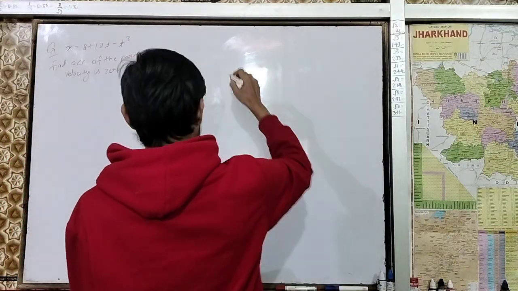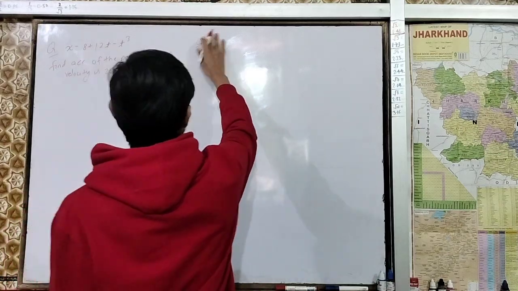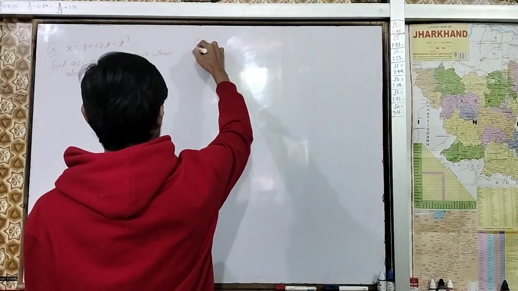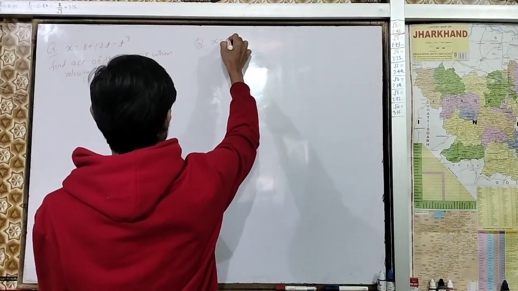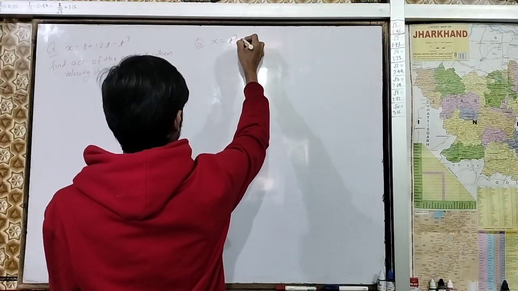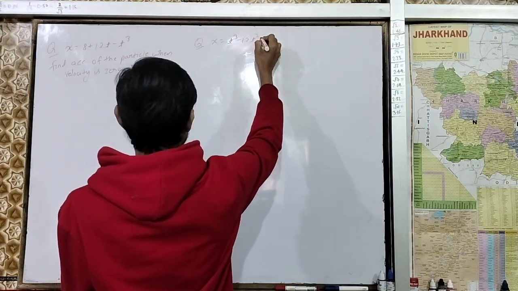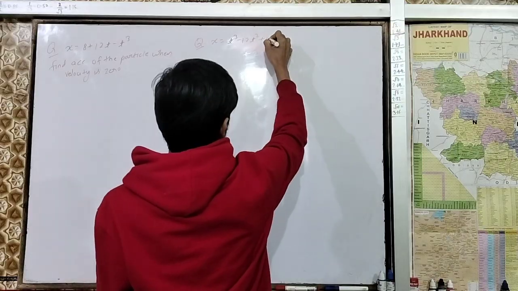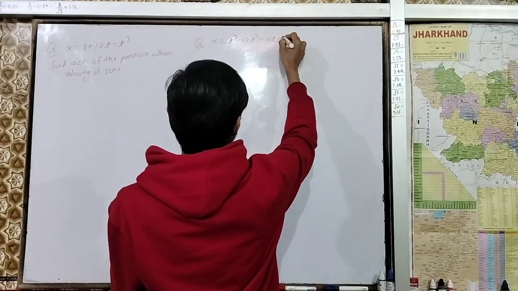The next question is: the location x is given, which is t cube minus 12t square plus 10t plus 20.